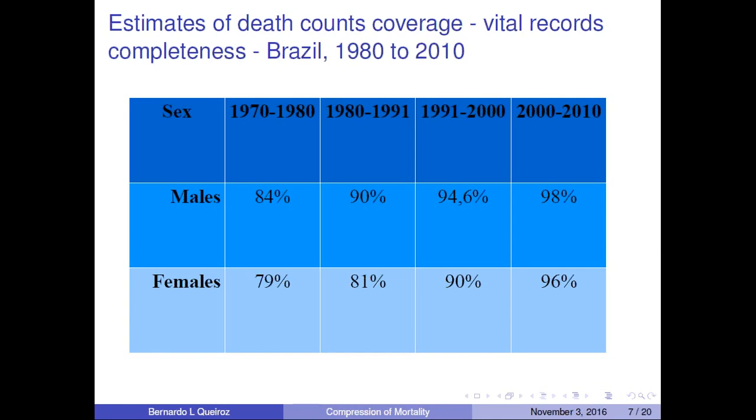In the most recent years we reached 98% completeness for males and 96% for females. Different studies using similar methodology arrive at quite similar results. In recent years there have been a lot of improvements and investments from the Ministry of Health trying to improve the collection of information, and it's reflected in the estimates that we are able to produce here.